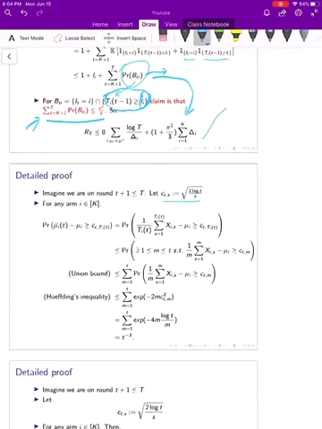So now for any arm in 1 through k, this probability event, so from definition, mu I is this one, the sample average, and the true mean of the reward is mu I. We bound this probability like this.